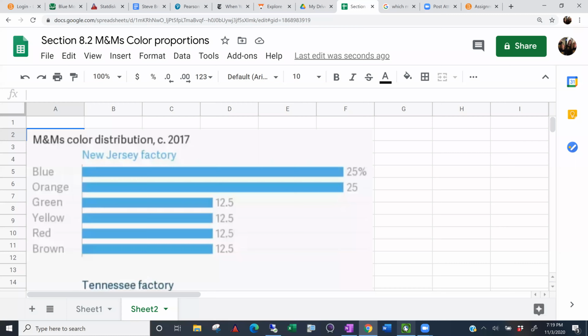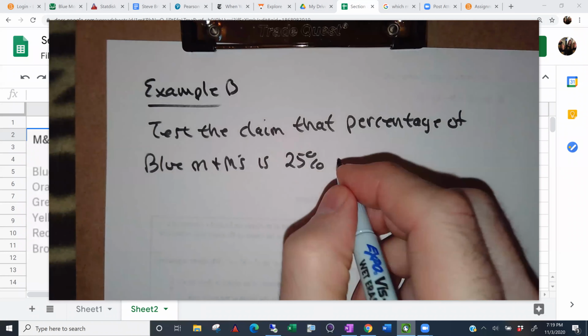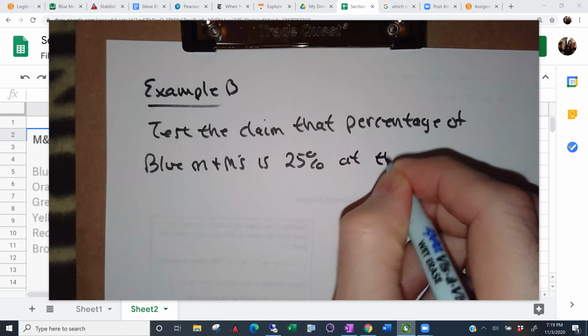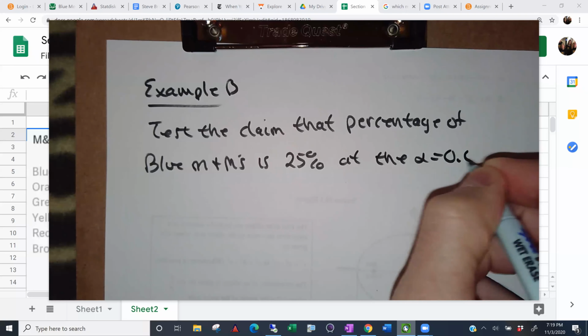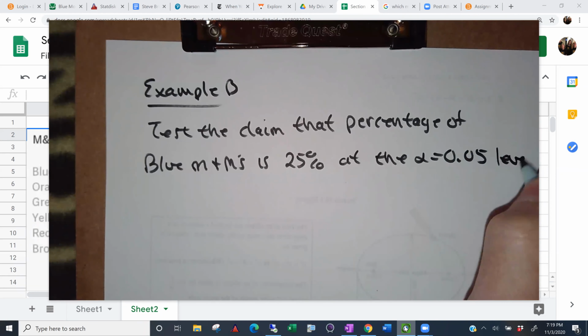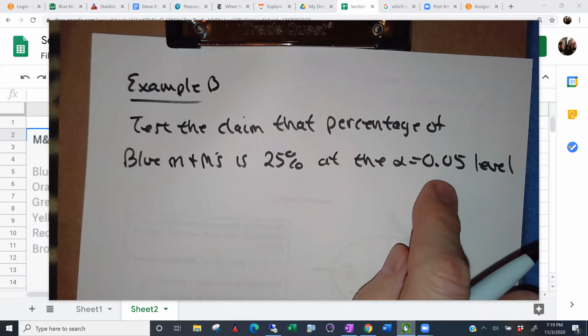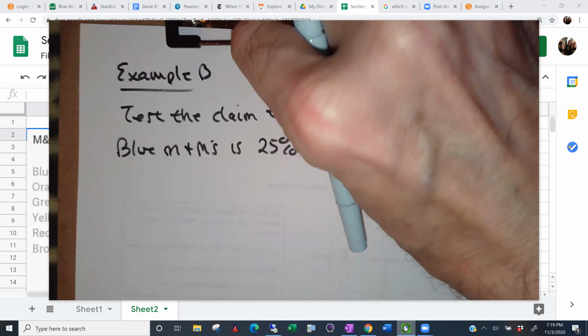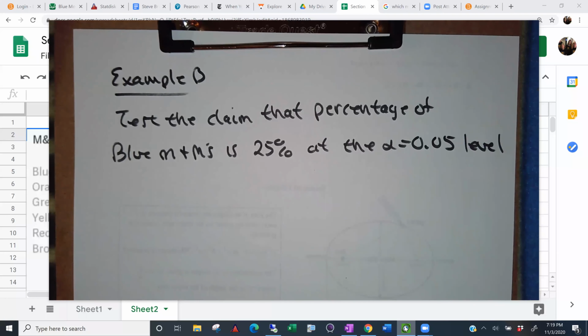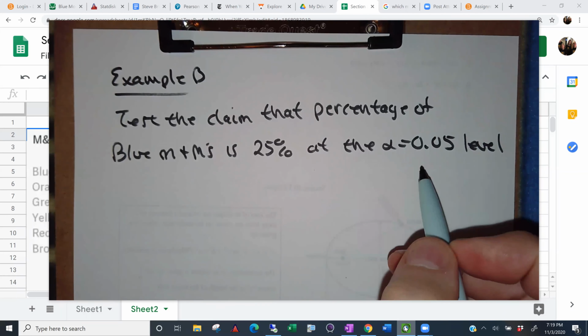And we're going to test that claim at the alpha equals 0.05 level. 0.05 because if we get this wrong, it's not really that critical, so I'm not going to worry about it. But that's the claim that we're going to test.